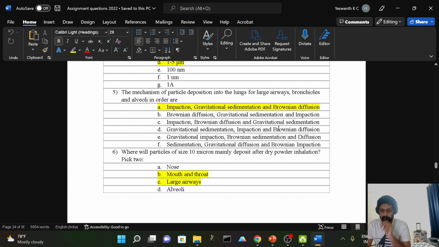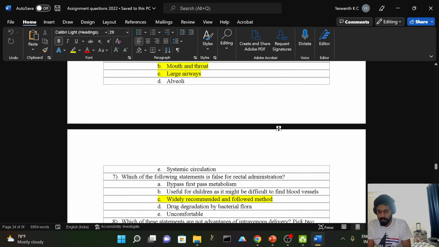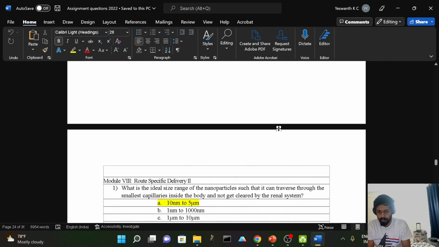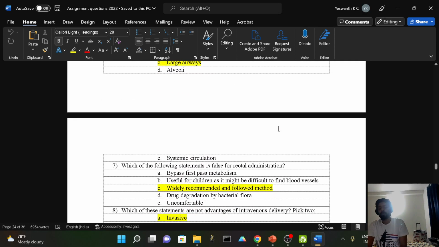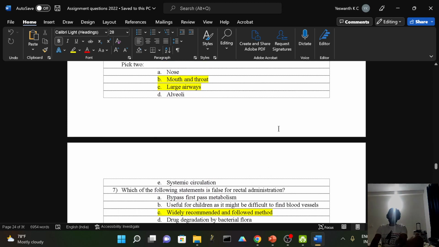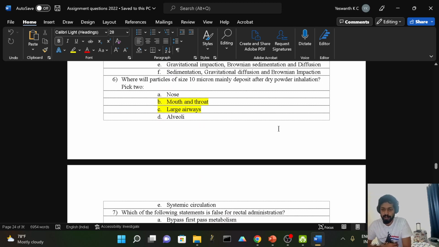Where will particles of size 10 micron mainly deposit after dry powder inhalation? Why will nose not be an option? Okay, is the deadline over for this assignment? Yes, sir. So the correct options are mouth and throat and large airways, right?